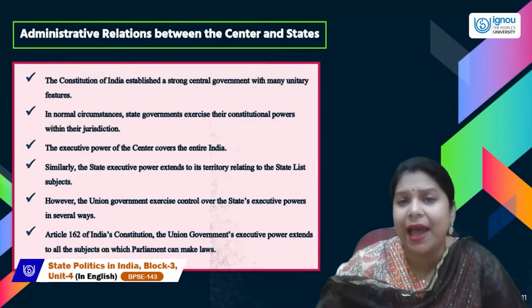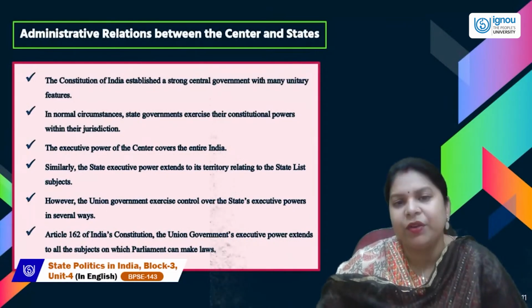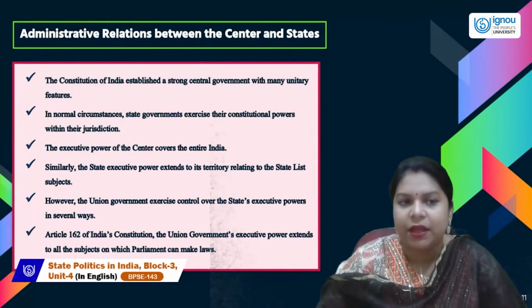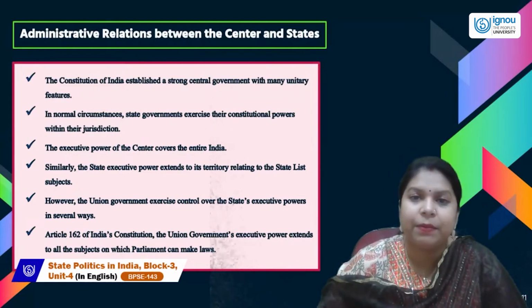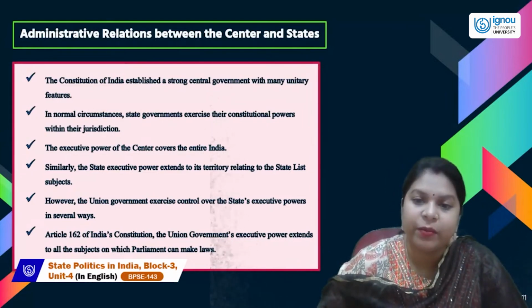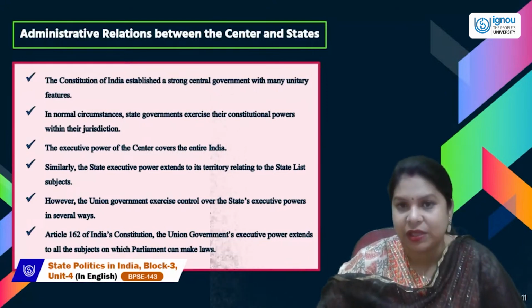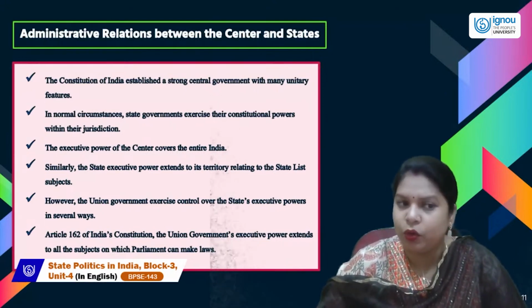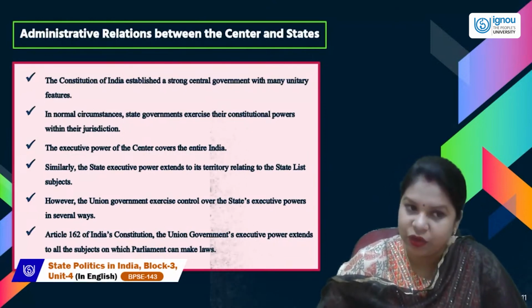Now, let's move on to the administrative relations between the center and the states. The Constitution of India established a strong central government with many unitary features. This is very important to know. In normal circumstances, state governments exercise their constitutional powers within their jurisdiction.